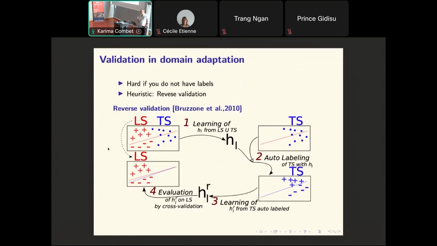I know only one heuristic that makes a bit of sense: take your favorite domain adaptation method, do the adaptation, label your target samples, and try to move back to the source domain by doing the inverse adaptation from target to source. It's a heuristic in the sense that you cannot prove that this will select the best models, but it's a way to control adaptation. One drawback is that it's very costly because you redo the adaptation process multiple times.